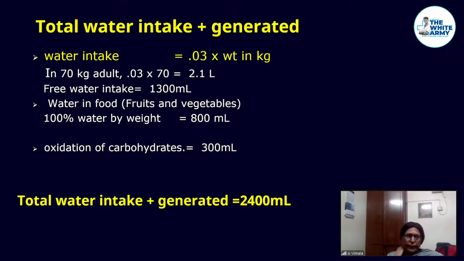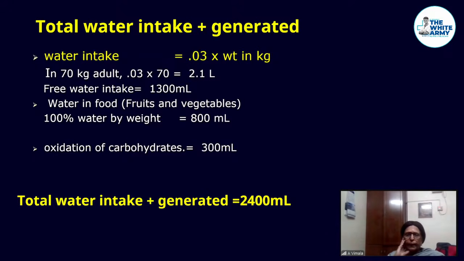So normal water intake, whatever we are talking about now is for a normal person. It is usually 0.03 times the weight in kg. That is, in a 70 kg adult, the water intake will be around 1200 ml. Water in fruits and vegetables is taken as 100% water by weight.